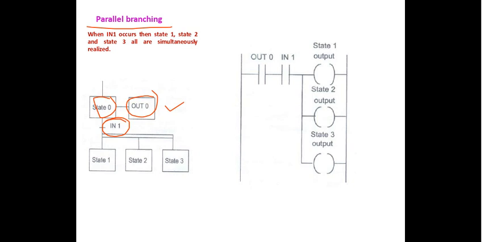Then you have something called the convergence. Please look at this: selective, parallel branching, and the next one is the convergence. Now you can see here state 4 follows when either IN4 or IN5 occurs.